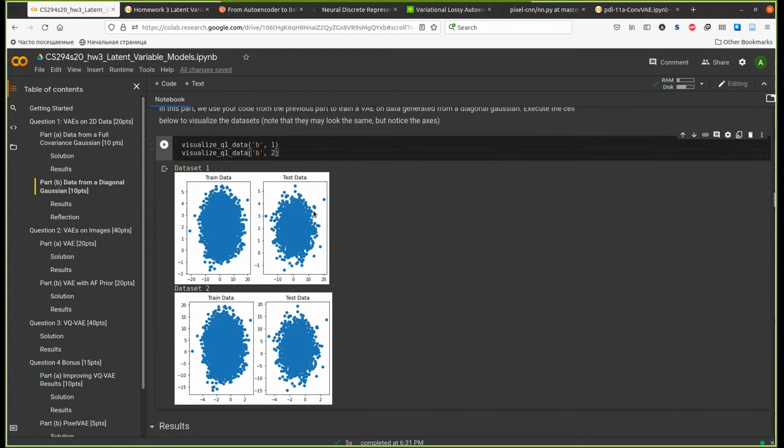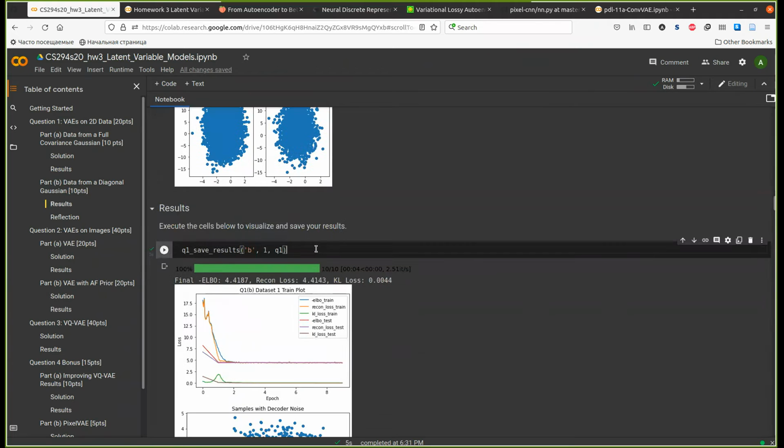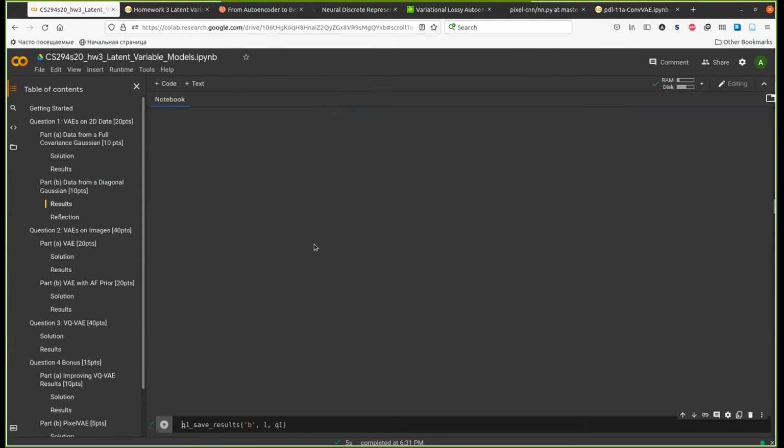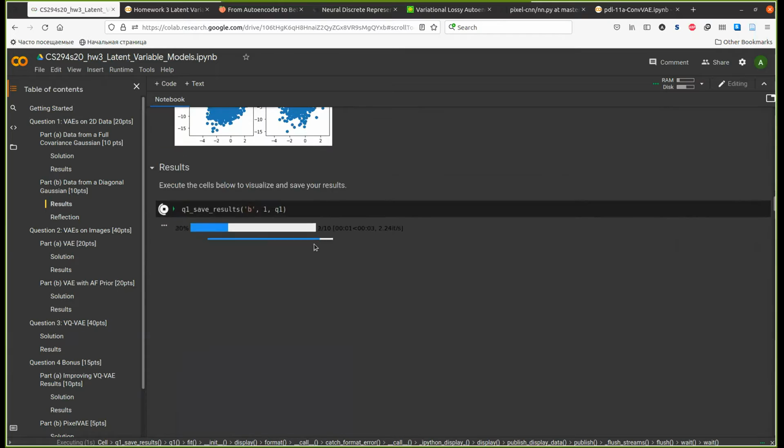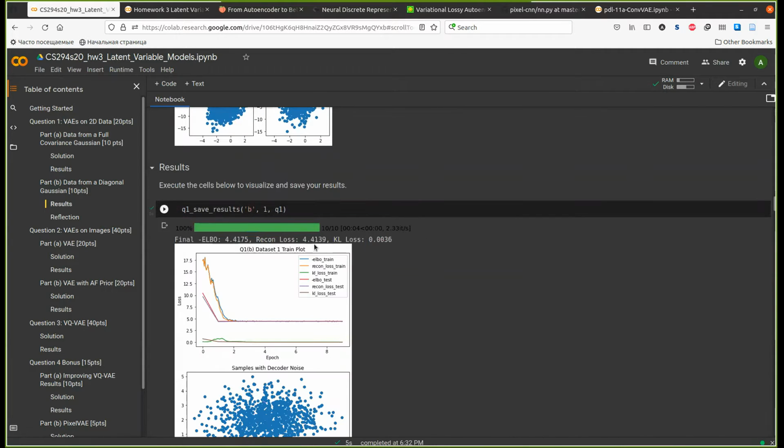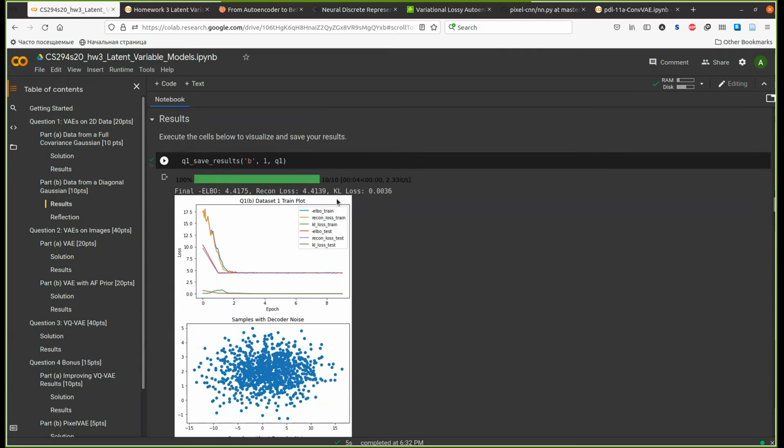And yeah, let's try that. And you will see that here we have a very low KL divergence, but the reconstruction loss is around the same numbers as we had before.